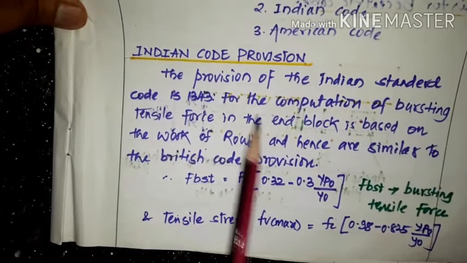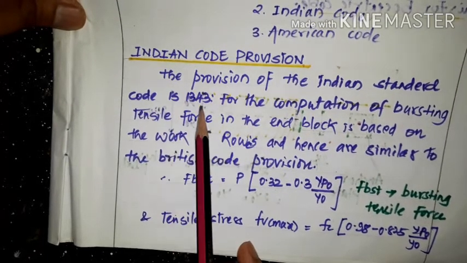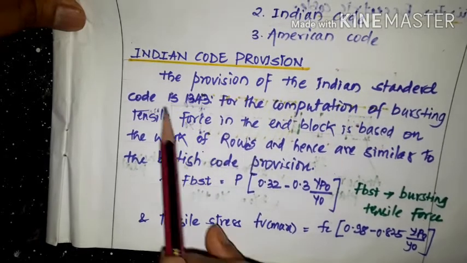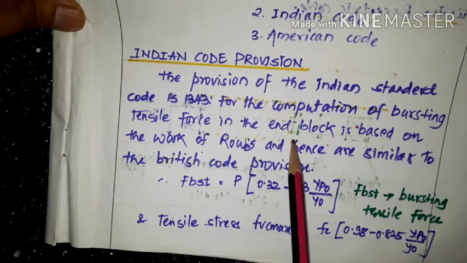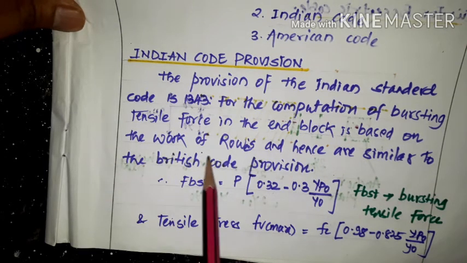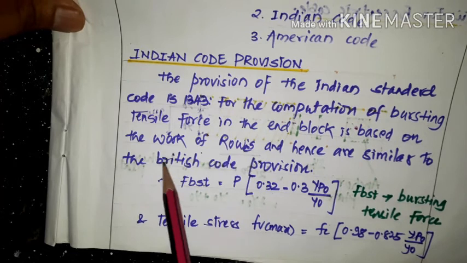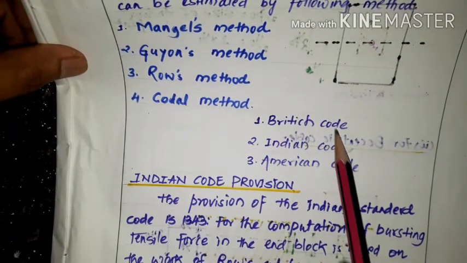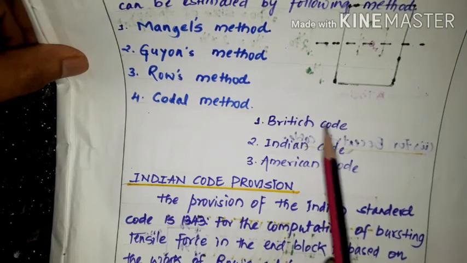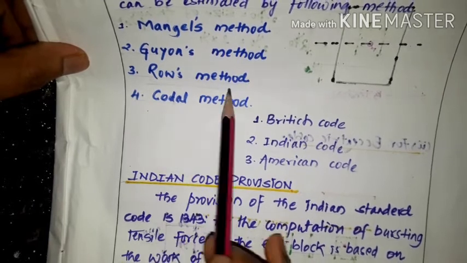The provision of the Indian standard code IS 1343 for the computation of bursting tensile force in the end block is based on the work of Rose and hence is similar to the British code. As I told you, the Indian code is similar to the British code, and these codes use the Rose method.